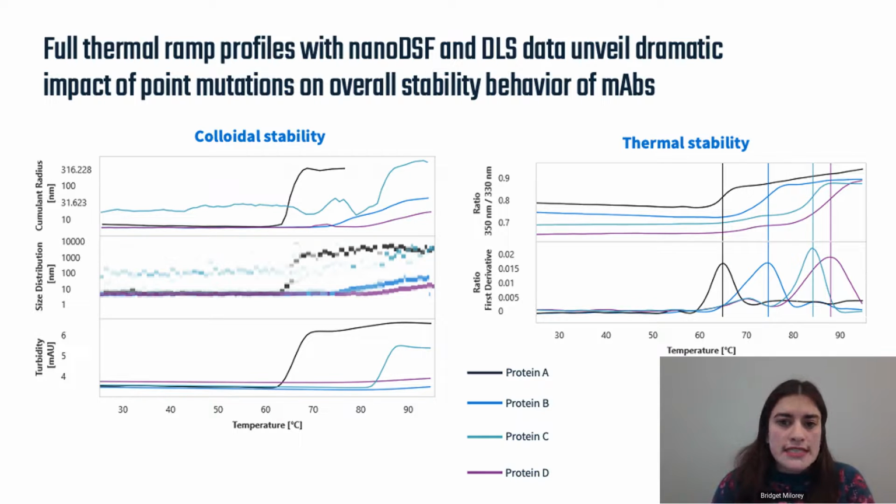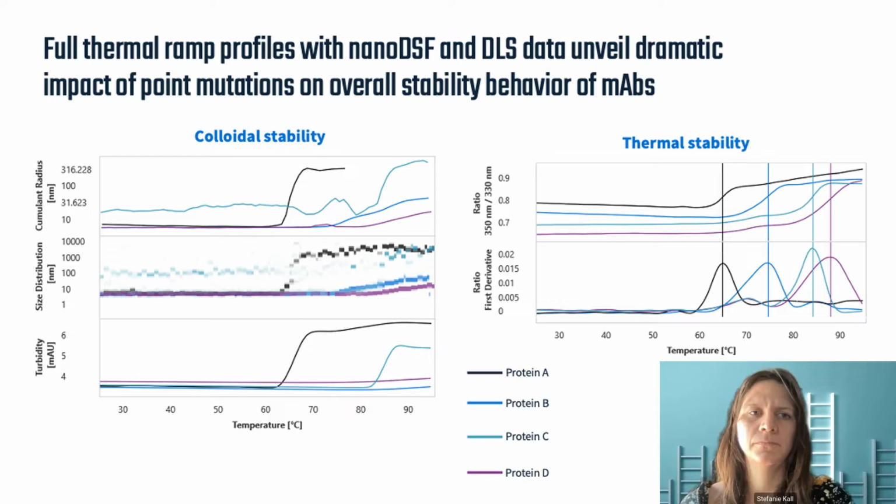And what I'll point out is that generally a less thermally stable candidate is more likely to have an increased propensity for aggregation or measured turbidity, though it's not really guaranteed. And this is where it becomes really critical to evaluate a full matrix of parameters.